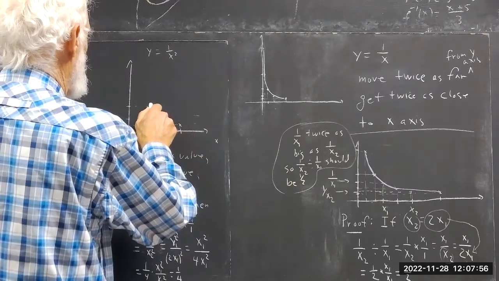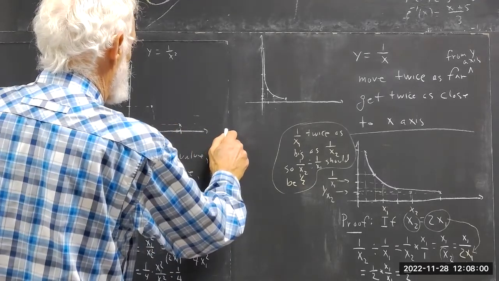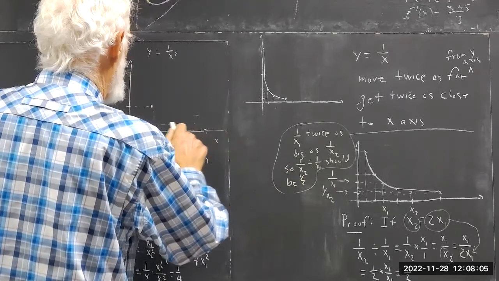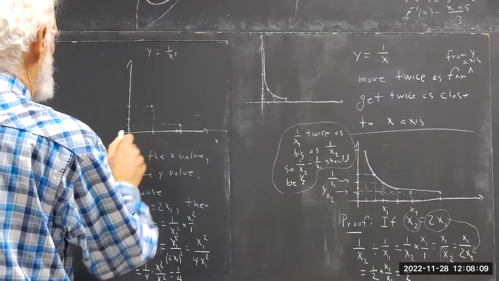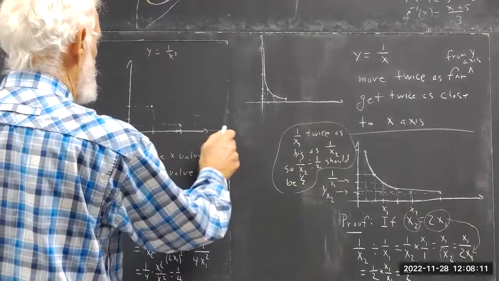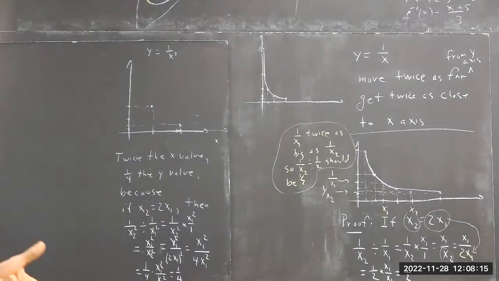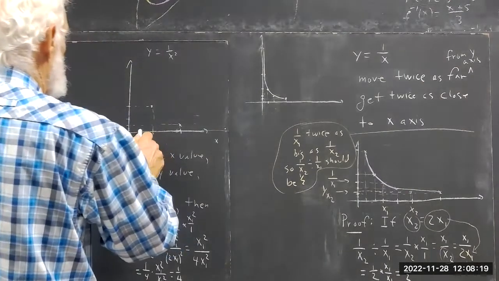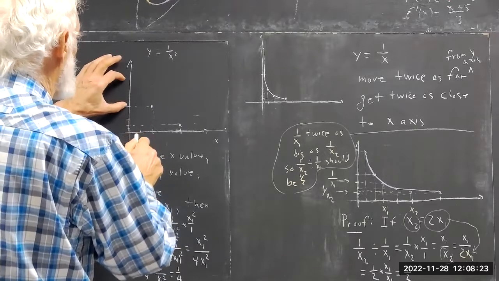If we go twice this far, maybe we're out here. We get 4 times closer, so we'd have to subdivide this in half and cut that in half. It's going to give us a point out here. It's getting pretty close already to the x-axis. Now, if we go twice as close to the y-axis, we're going to go 4 times as high.